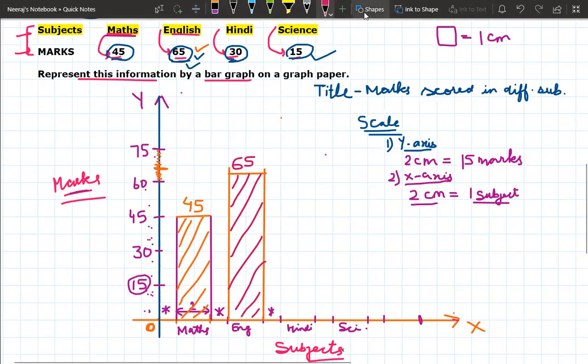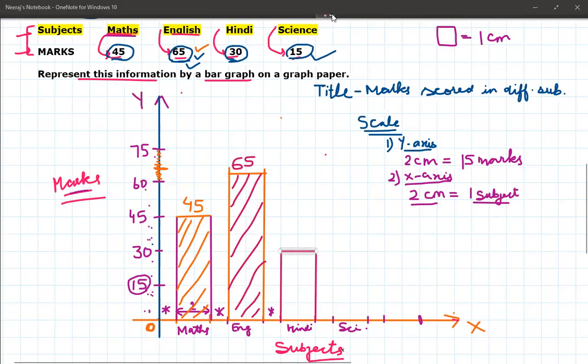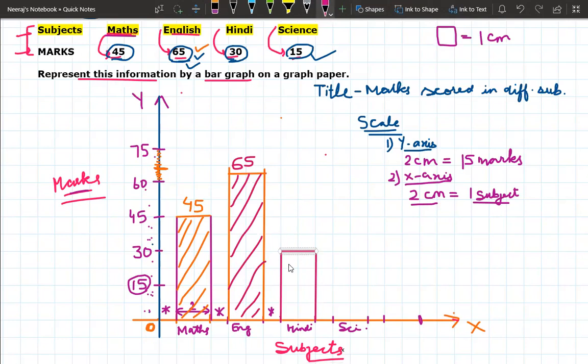Now we are going to represent the next number, that is 30 marks scored in Hindi. So we have to draw the length over here, up to the number 30. This is how you represent the number 30. You have to write the number 30 at the top.